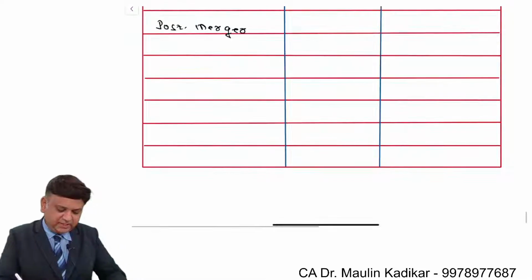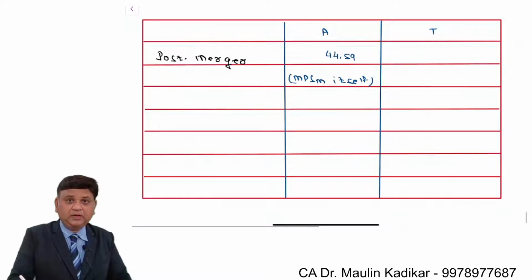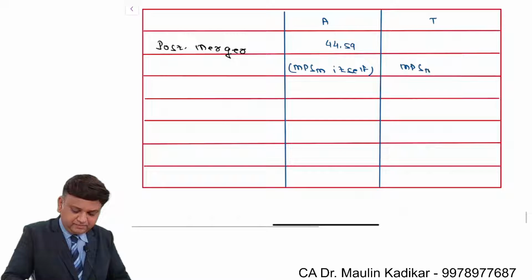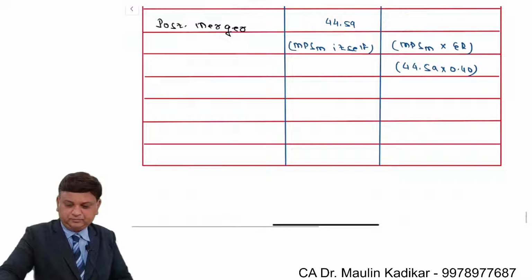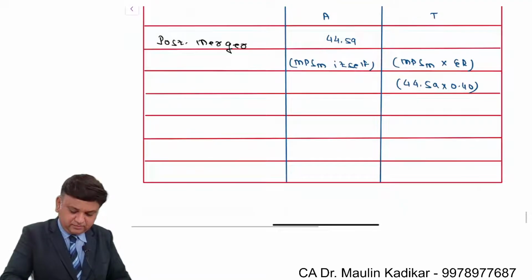Post-merger, in case of A Limited, it is MPS of the merged firm itself, that is 44.59, and for T Limited it is MPS of the merged firm into exchange ratio, so it is 44.59 into 0.40, that is 17.84.